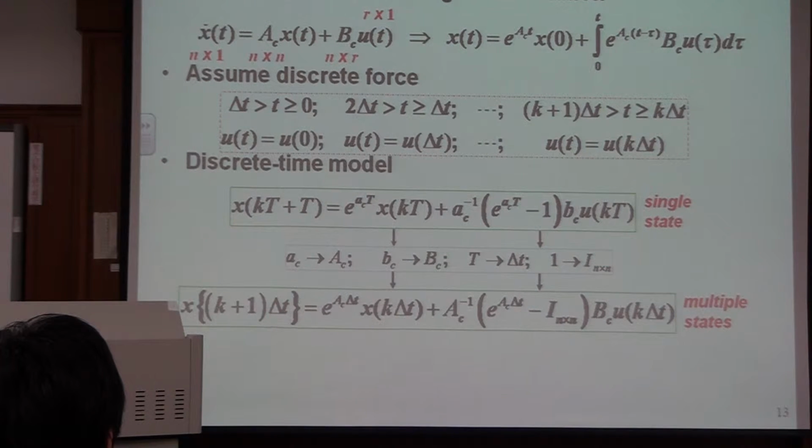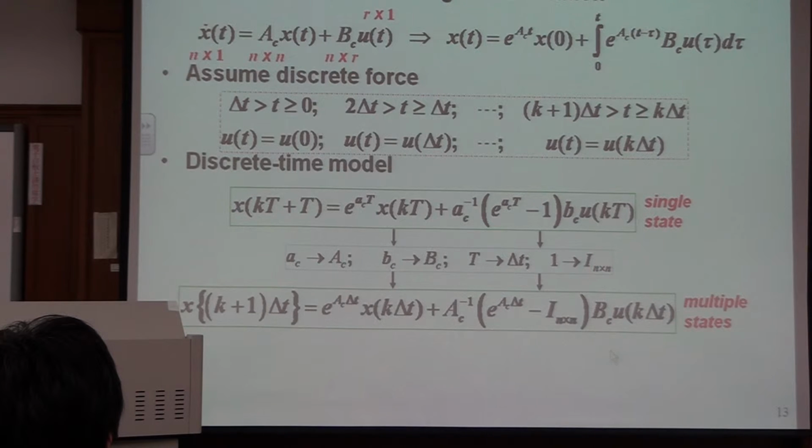Then that's your multiple state discrete time model. That's it. I did not use a matrix equation to derive the discrete time model for you, because that's very complicated. Also, it's not easy to understand. This is much easier to understand. Don't you think so?